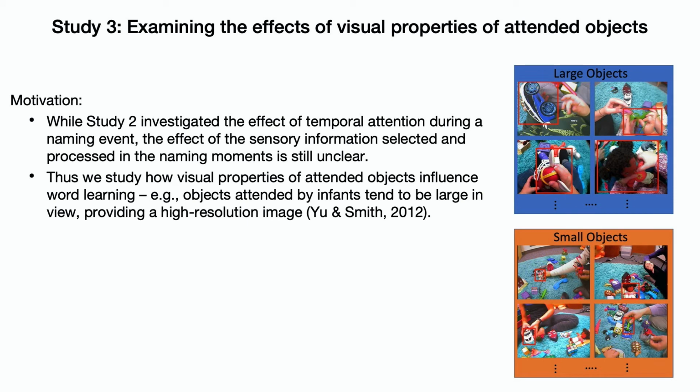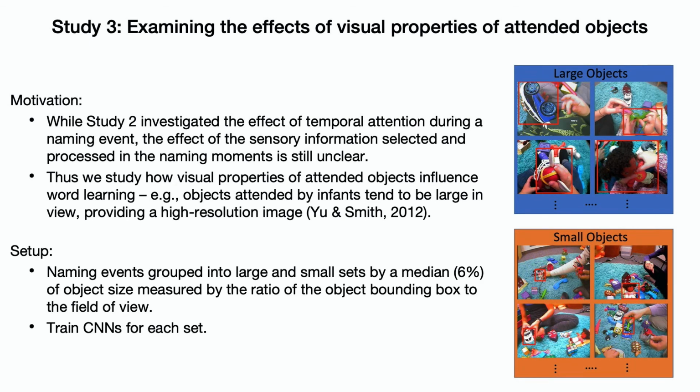While we studied the effect of temporal attention during a naming moment, the effect of sensory information selected and processed in the naming moment is still unclear. Therefore, we study how visual properties of the attended object influence word learning. Specifically, previous work shows that objects attended by infants tend to be large in the view, providing higher resolution images.